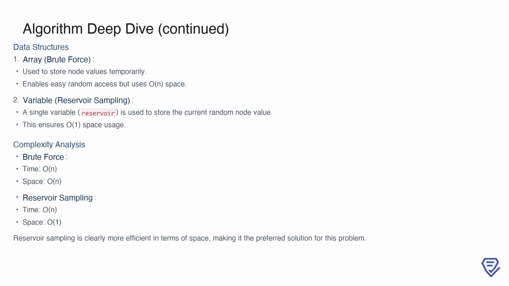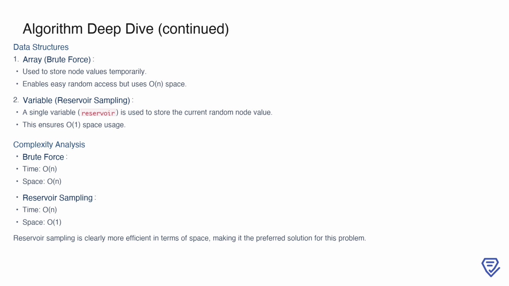When comparing the data structures and complexity of the two approaches, we see clear differences. In the brute force method, an array is used to store node values temporarily, making random access straightforward but requiring O(n) space. In contrast, reservoir sampling uses a single variable, reservoir, to store the random node value, ensuring O(1) space usage.